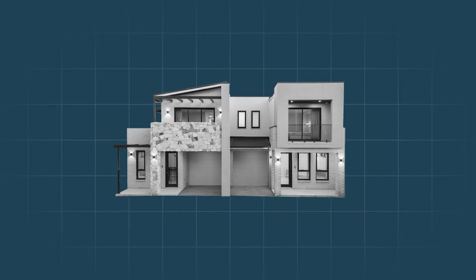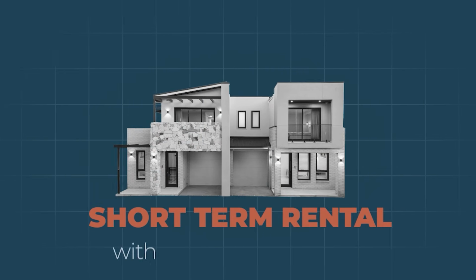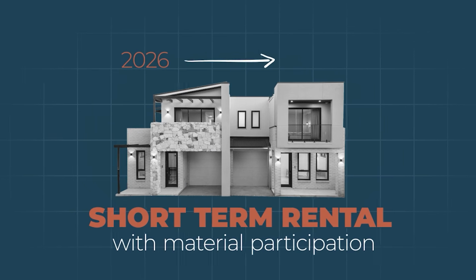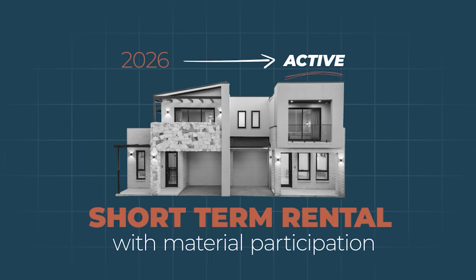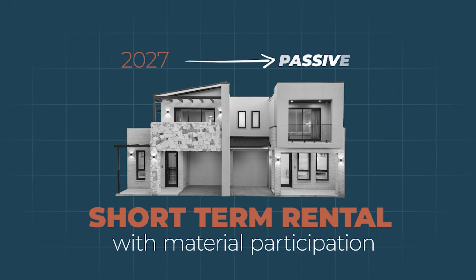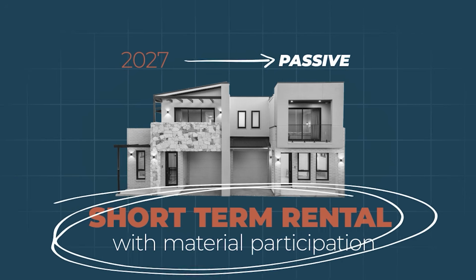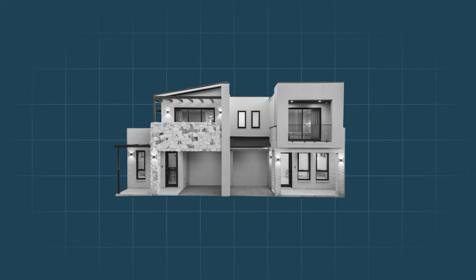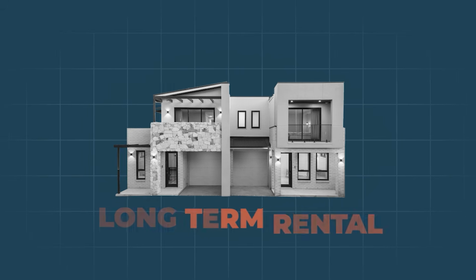So if your property qualifies as a short-term rental with material participation in one year, losses for that year are active. If the same property becomes passive the following year, that does not affect last year's classification. So that's point one.